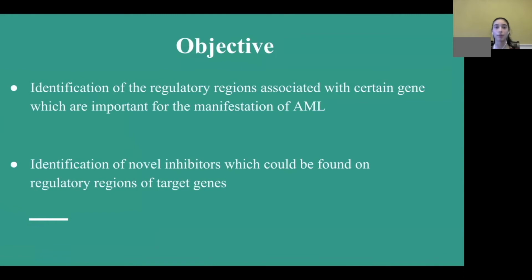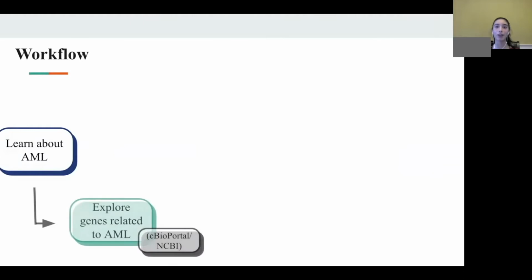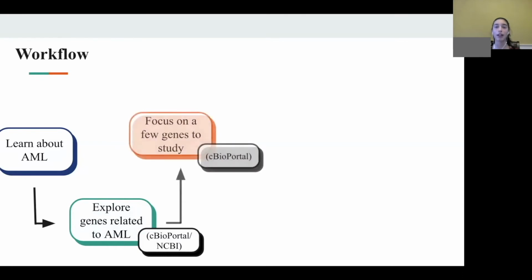My workflow: I started my project by learning about the terms and concepts related to AML. This included the genesis of my work covered in earlier slides. Then I explored genes related to AML using the cBioportal software and NCBI software. Using the data from these softwares, I focused on a few genes to study for my research.